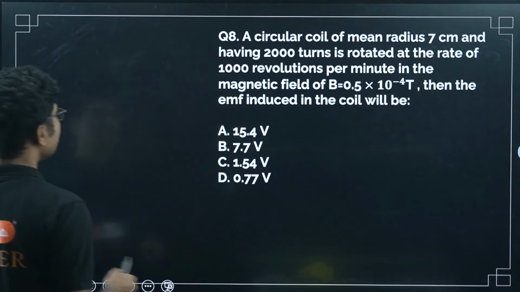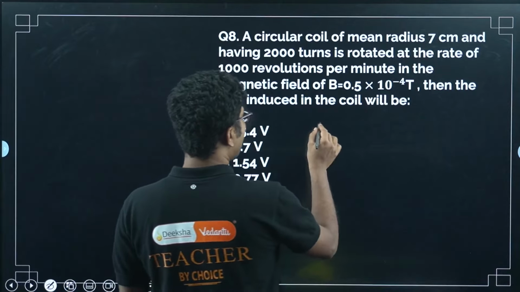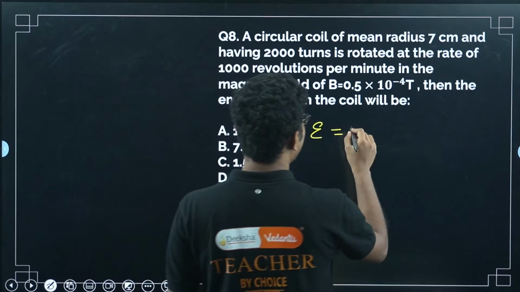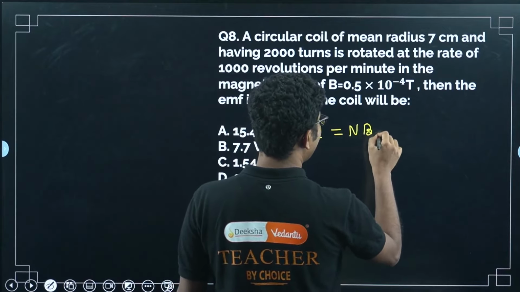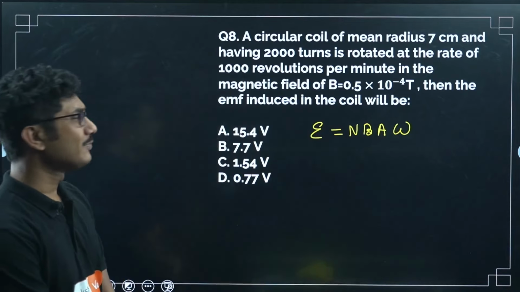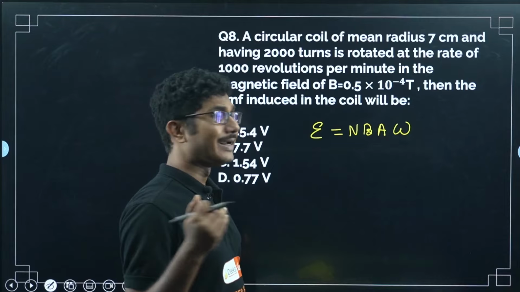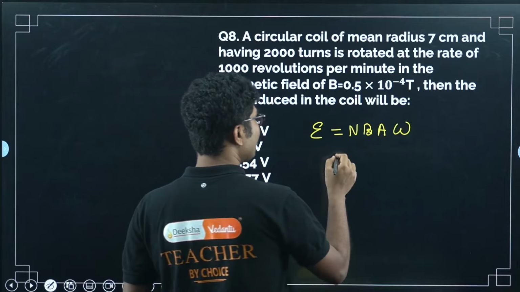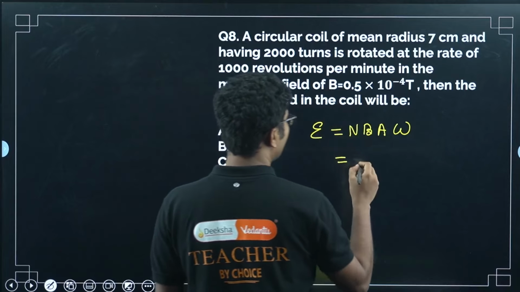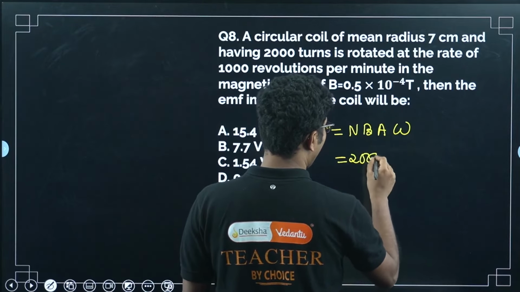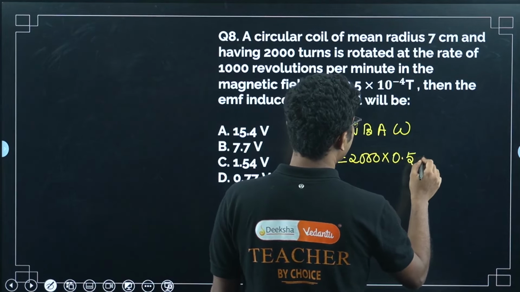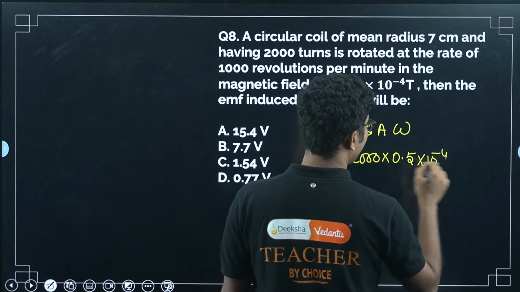Interesting question. So induced EMF is given by N B A omega. Okay, N B A omega. This formula you have to remember. If you want the derivation of that, then I can do that, but this is a very easy formula to remember. Having 2000 turns, the magnetic field is 0.5 times 10 to the power of minus 4.